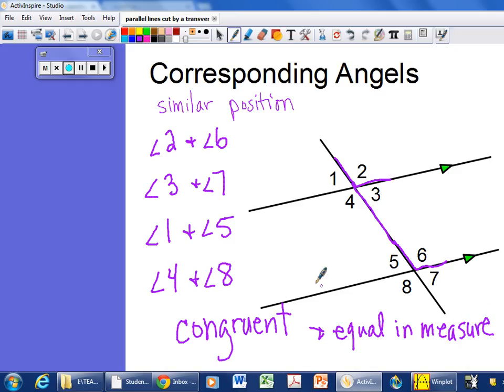It's important to know how corresponding angles relate. 4 is the same as 8, 1 is congruent to 5, angle 3 is equal to angle 7, and so on and so forth. Corresponding angles are congruent. The corresponding angle postulate says that.